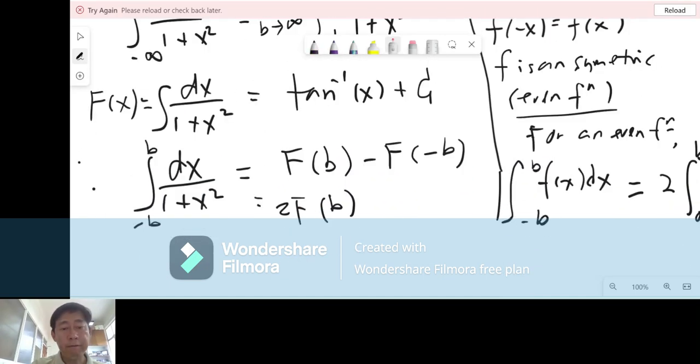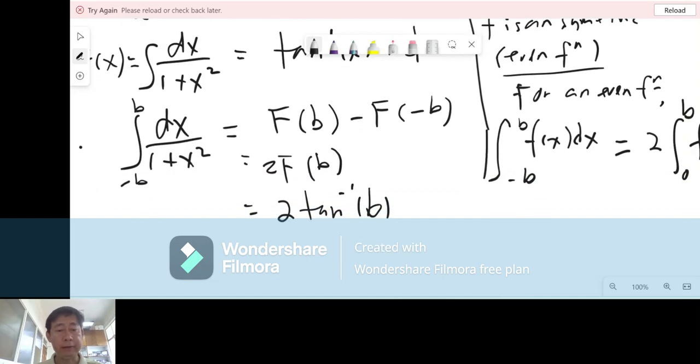With these results, the expression for the integral of the function 1 over 1 plus x squared integrated from minus b to b could then be simply written down as 2 arctangent x, and there will be no constants because the difference in these two terms will cancel off the constant. By right, I should replace x here by the value of b instead of x.